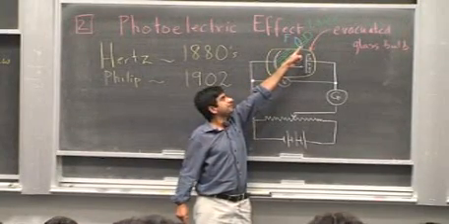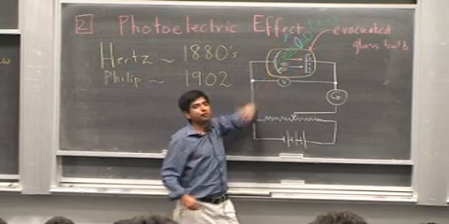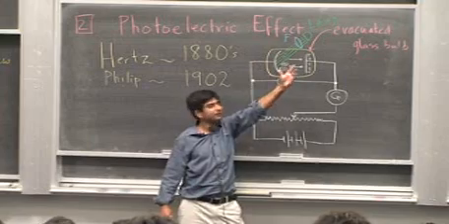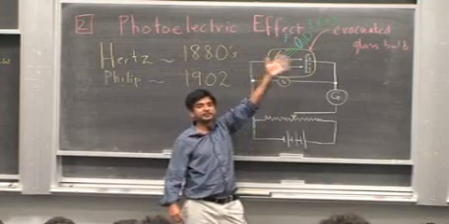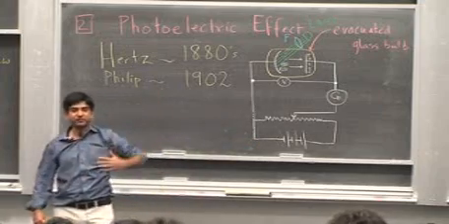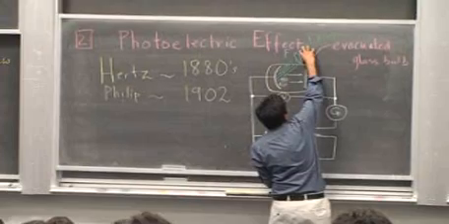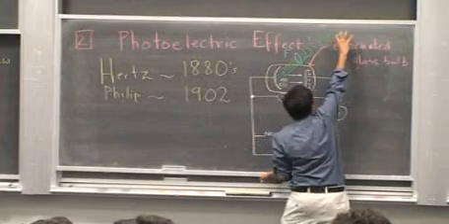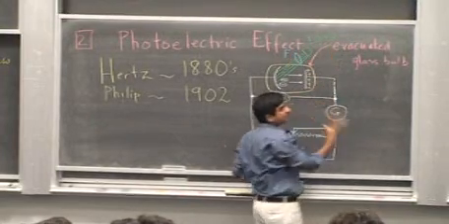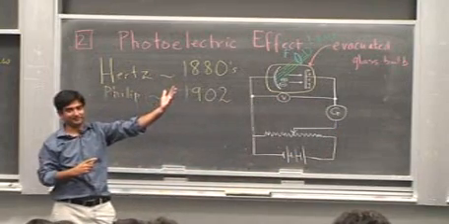The intensity can be changed by, for example, bringing the lamp closer or further away from the glass tube. If it's further away, the intensity drops as 1 over r square, 1 over the distance of the lamp from the bulb. So the intensity can be changed by moving this lamp close to the tube or further away. That will be the brightness of something that is far away.